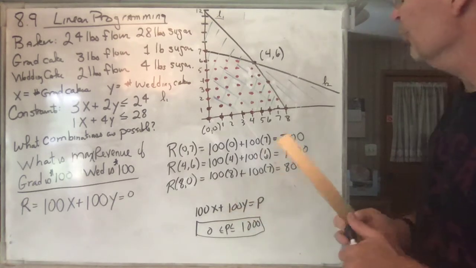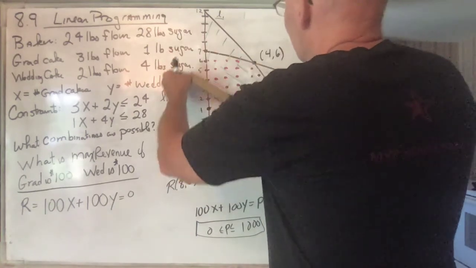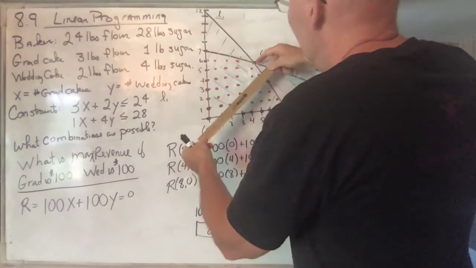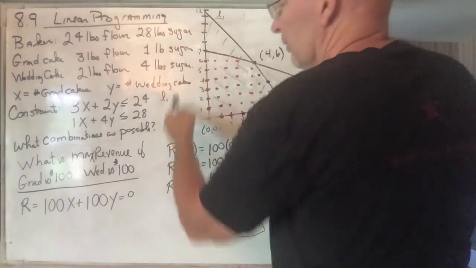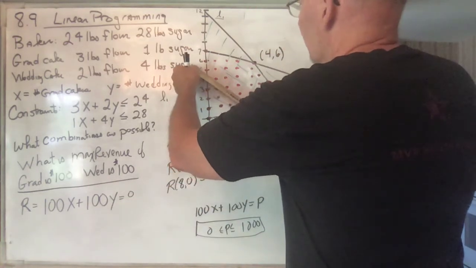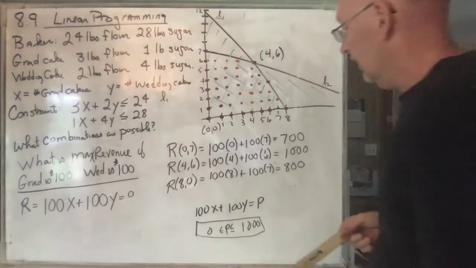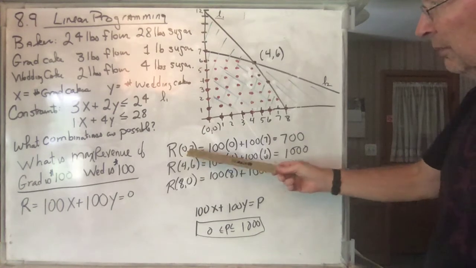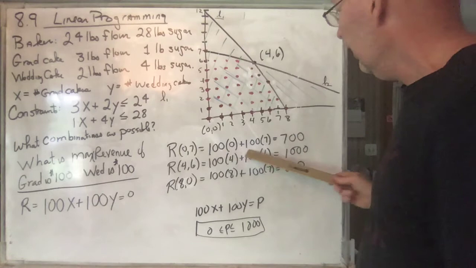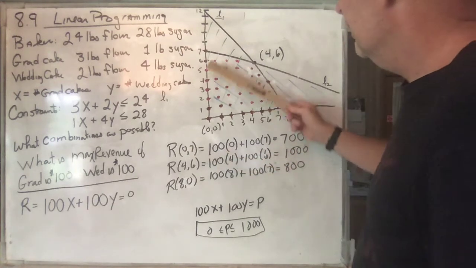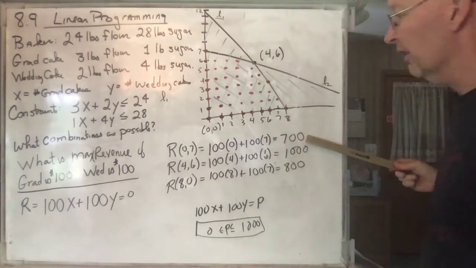We know for sure, just because of this whole system, that you always want to push it off as far as possible, that it's always going to be on the edge. There's no reason to stop right there. You want the value of your revenue to be as big as possible, so you're always going to push it out to the edge. So sure enough, if you charged 100 for each one, and you chose this point right here, which is 7 wedding cakes, you'd make $700.